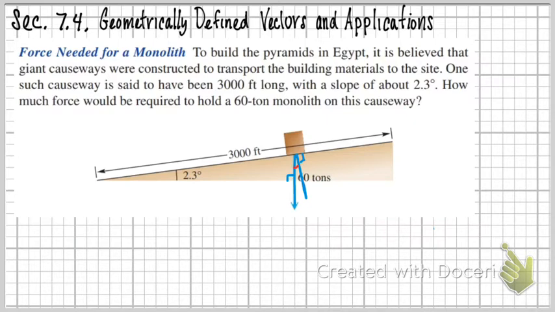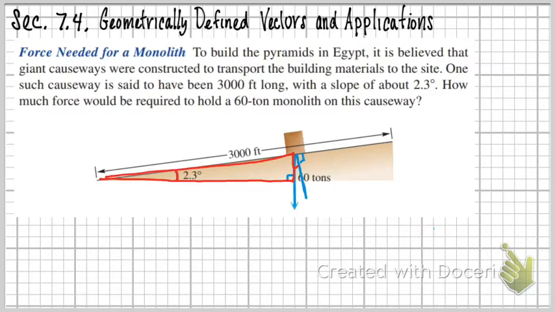So I know that this here is 2.3. And if I'm looking at this right triangle, I'm going to draw it in there so you can see what I'm thinking. That would be the right triangle I'm looking at first.